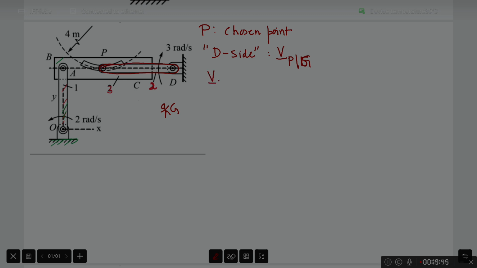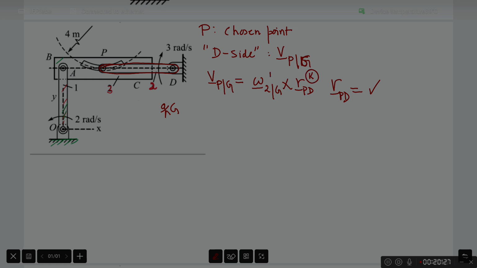What is VPG? VPG would be omega 2G crossed with RPD. That's all. That is VPG. We have RPD known in this case. Geometric information is given. If you go to the previous slide, this is a known quantity.